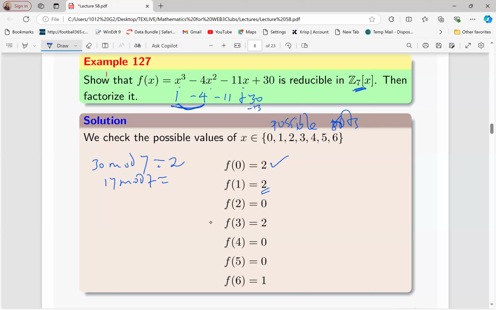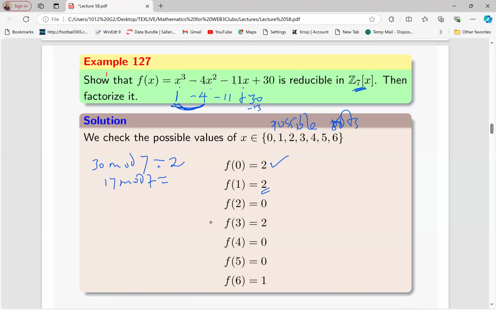1 cubed will be 1. Then 1 squared is 1, times 4 will be negative 4. And then 11 times 1 will be negative 11, and then plus 30. So then I said that this gives me negative 3.